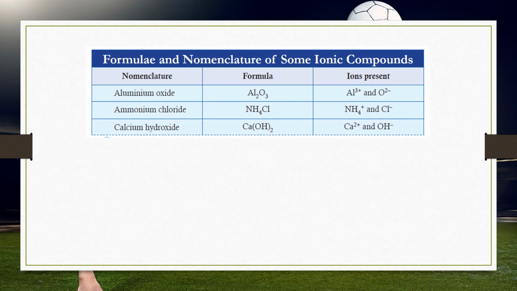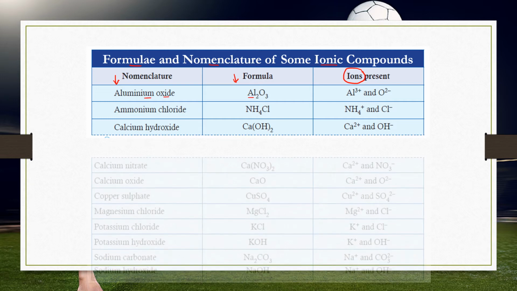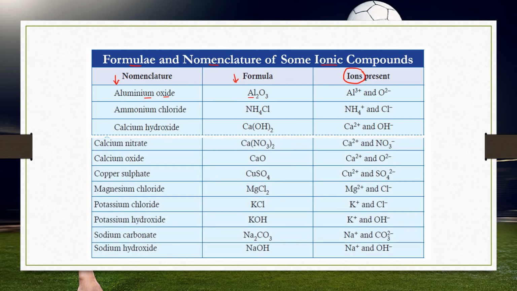In this table, we are going to look at the formulae and nomenclature of some ionic compounds. So here we have the naming, the formula, and the ions present, because we are looking at ionic compounds. We have aluminium oxide. It contains aluminium ions, which are aluminium 3 plus, and the oxide ion, which is O2 minus.